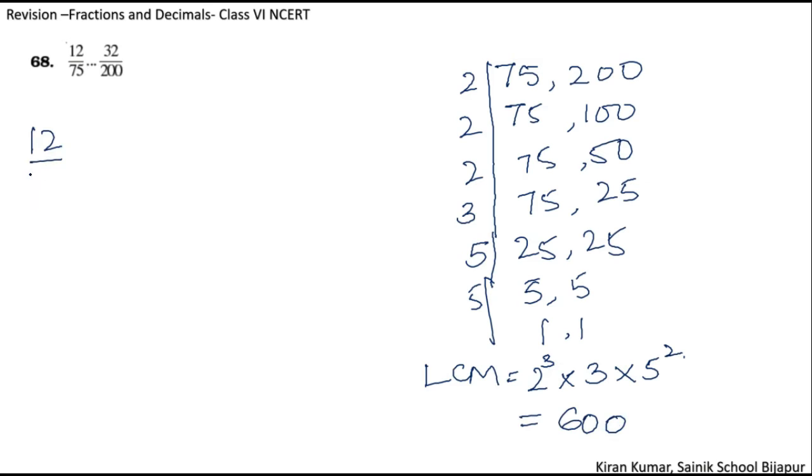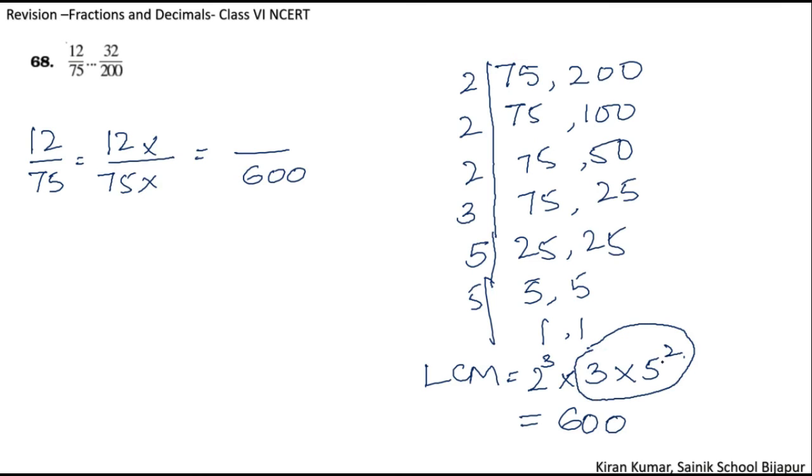Now 12 by 75 I'll convert as denominator 600. For that I need to multiply by 8. The reason is, when you take the combination of this 5 square and 3, it is 75. So 8 is left out, 8 to be multiplied. 8 times 12 is 96. 32 by 200.